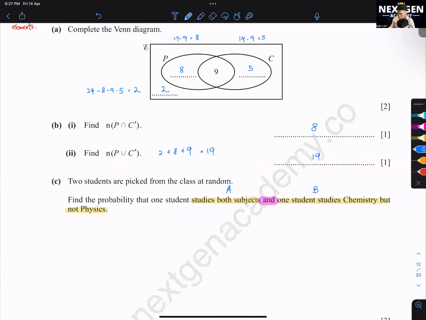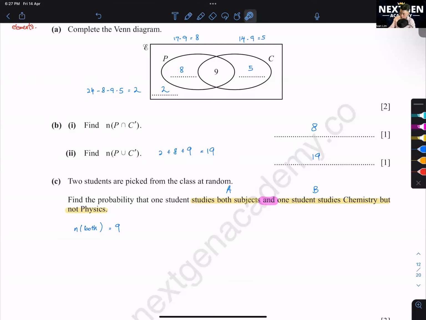So "and" also, this is, okay, so we find these 2 first. Studies both subjects is what? Here, right? Both is equal to 9.